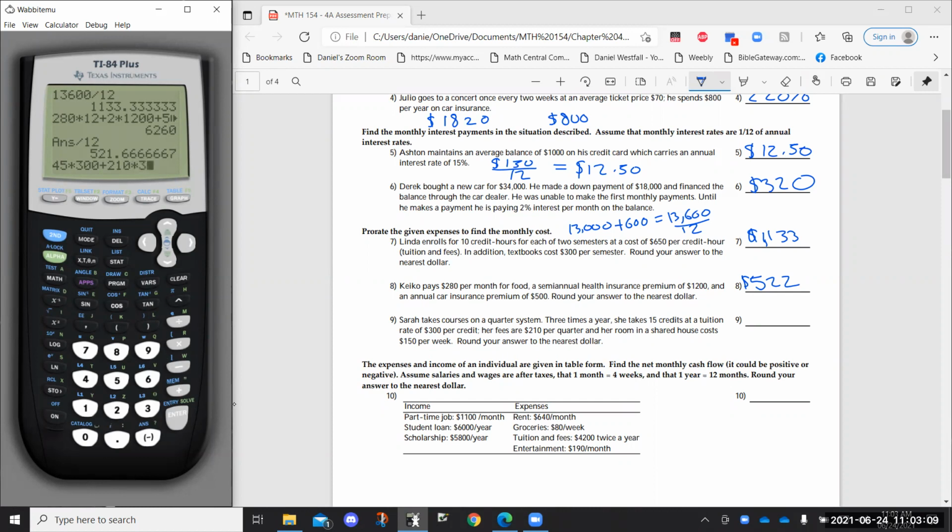And her room and shared housing costs are $150 a week, assuming that she lives there all year long. Round your answers to the nearest dollar. So we're going to divide that by 12 and get that this is going to be $1,828. We'll round to the nearest dollar. All right.